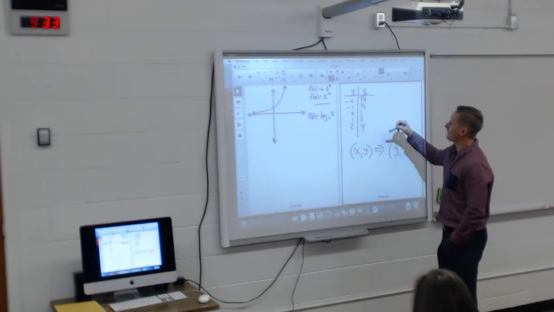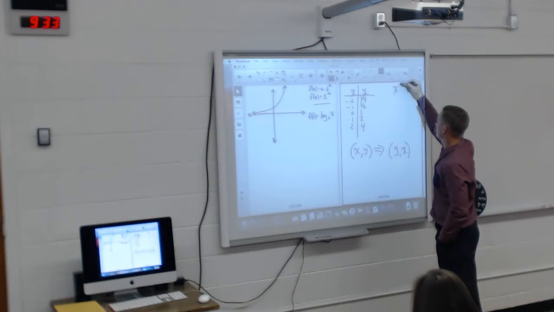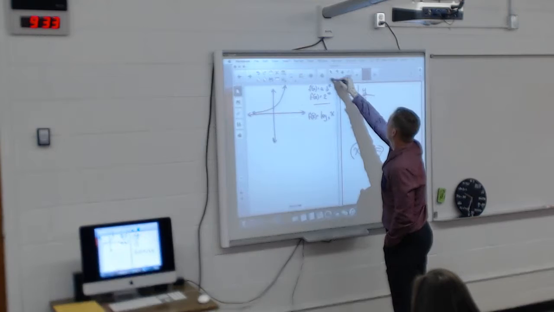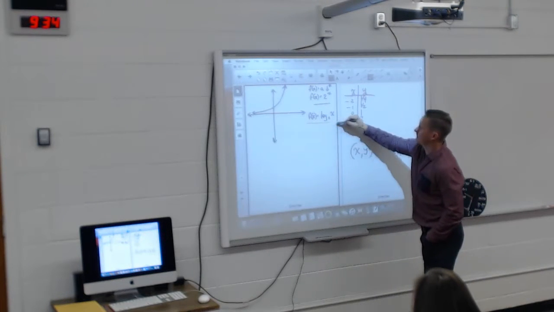So now when I graph it, instead of (-2, 1/4), let me do this in a different color so it makes sense. This is my new graph, which will be the graph of this guy.